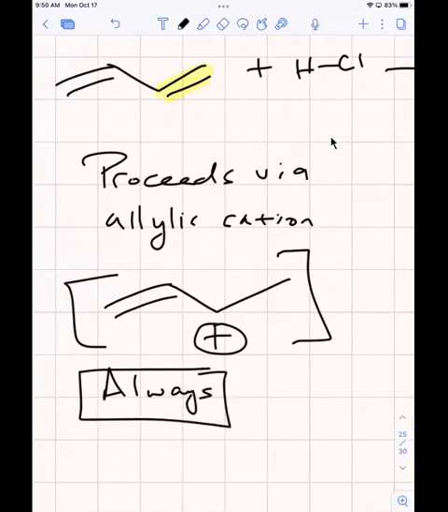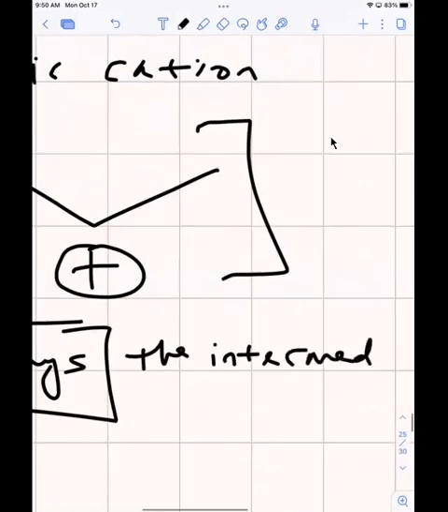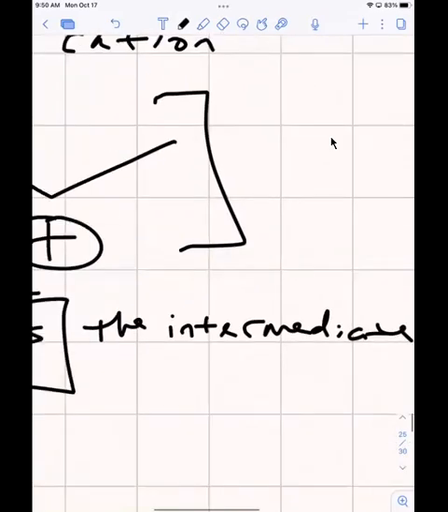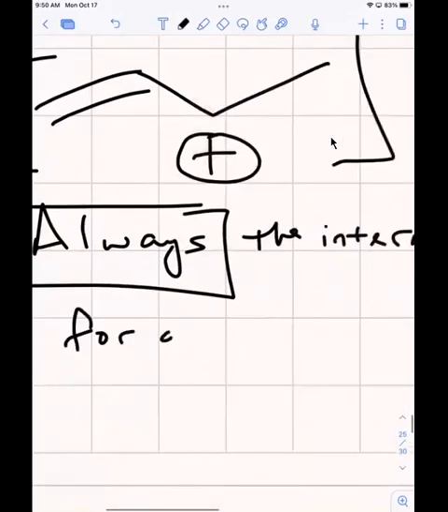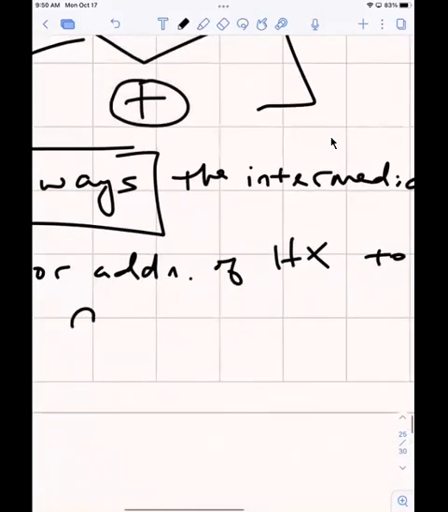I'm putting always, and I'm putting emphasis on always, because there's no other intermediate that's going to be present. It's always going to be allylic because it can be stabilized by resonance. This is always the intermediate.